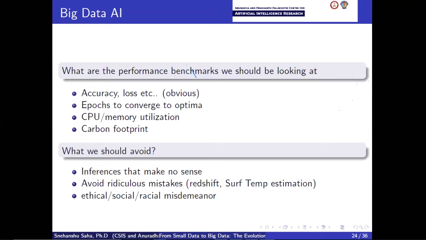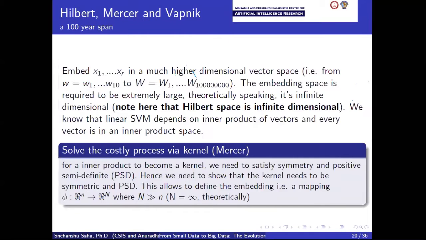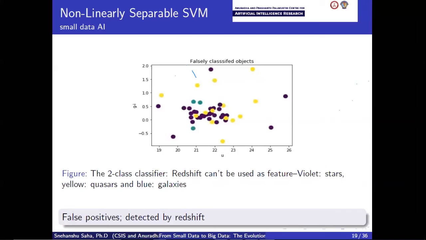What you should avoid: inferences that make no sense. Avoid certain ridiculous mistakes, like the example I gave of a tiny image data set. I will give another example and then I'll finish my talk. Let me go back to this particular image. I said some of the stars and the quasars are really difficult to separate.